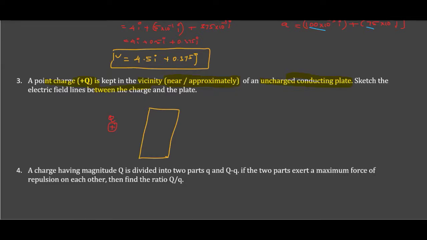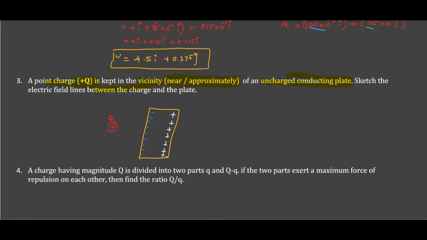Whenever you are placing a positive charge, if you have a conducting plate, based on the induction method the opposite charge will be induced. So on one side of that conducting plate a negative charge will be induced. If negative charge is induced here, the same way positive charge is also induced on the other side.